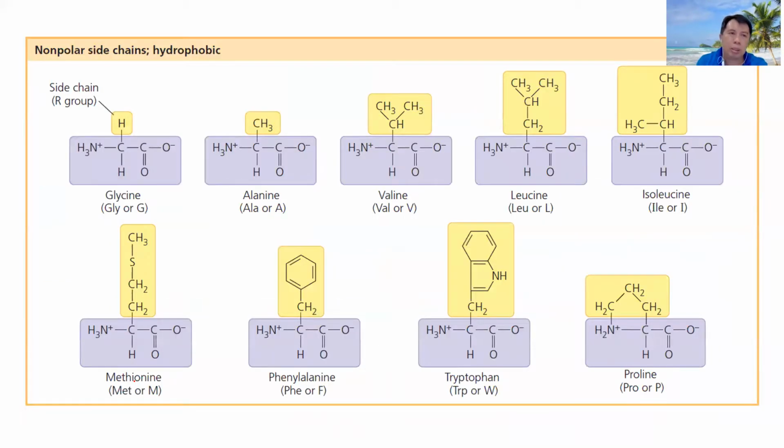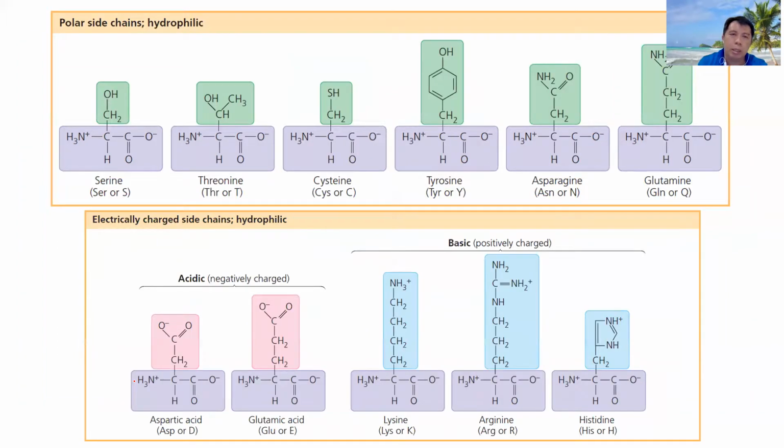There are different side chains: a non-polar side chain for hydrophobic amino acids, a polar side chain for hydrophilic amino acids, and an electrically charged side chain for hydrophilic amino acids, which can be acidic or basic.